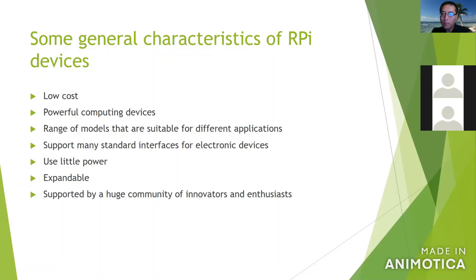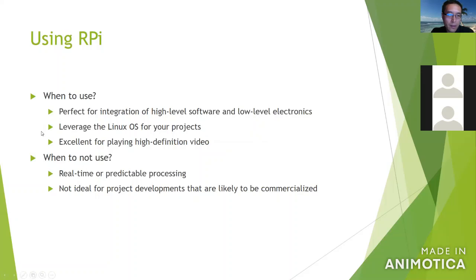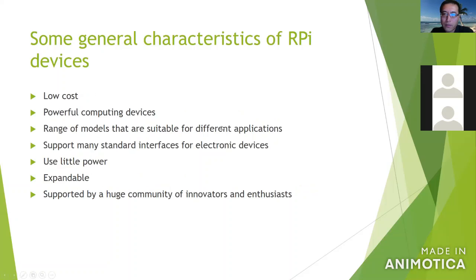So it gives us a lot of advantages for using Raspberry Pi. And the range of models that are suitable for different applications. So you see we have Pi 0, Pi 2, Pi 3, and now we have Pi 4. For different applications, for example, if you have a very simple application, then you can use Pi 0. If you have a complex application, then you use those advanced models.